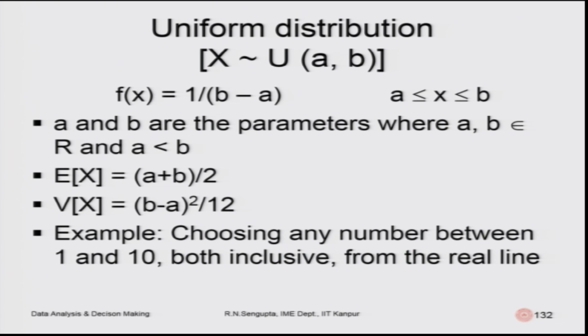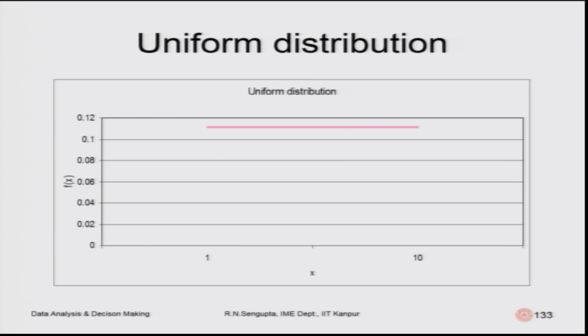So, real line can be any value you can pick up. It is not only discrete picking such as 1, 2, 3, 4, 5, 6 or 1, 3, 5, 7, whatever it is. The uniform distribution would look like this, wherein along the x axis you have the realized values, and along the y axis you have the PMF values.